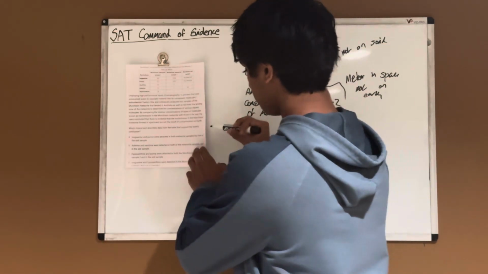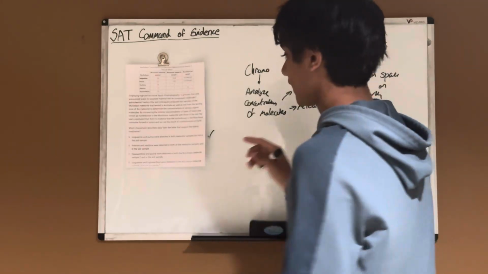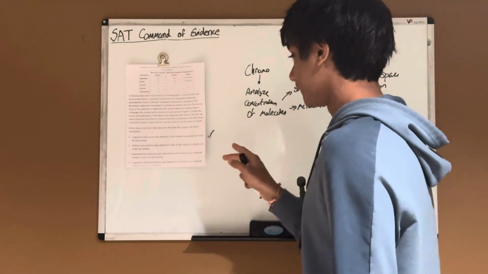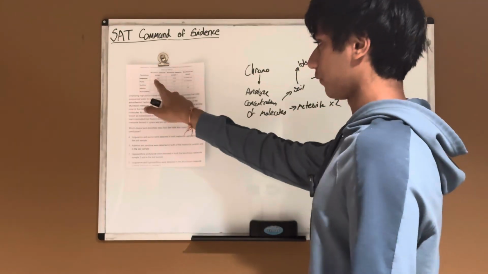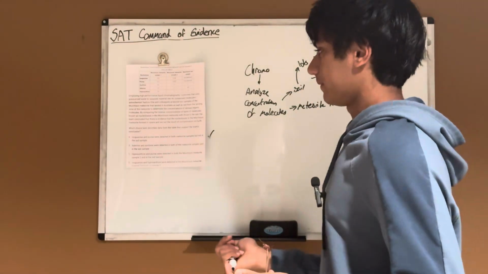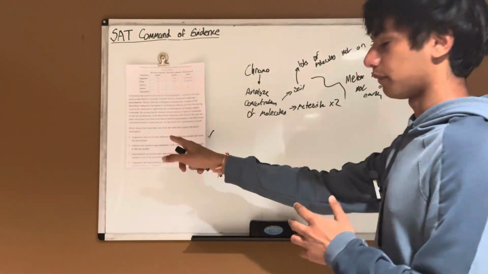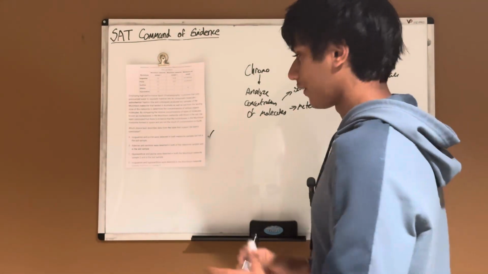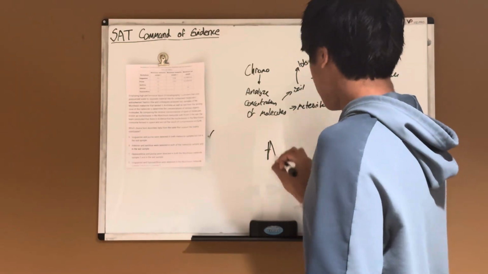Okay, so A works, right? Because A is exactly what we're saying. They were both detected in the meteorite sample, so in the rocks, but they weren't found in the soil sample, which is what the data shows. And that would support the claim, right? It would say that if it's in the rocks but not in the soil, then it most likely formed in space. So right off the bat, I think A is the right answer.